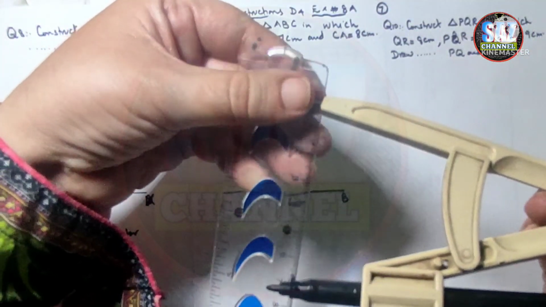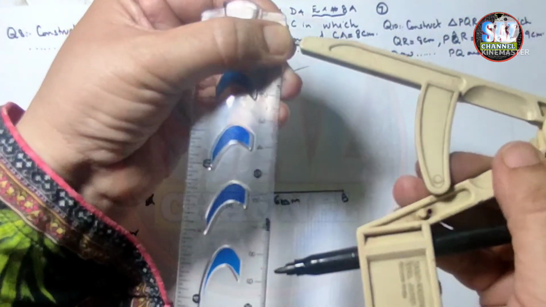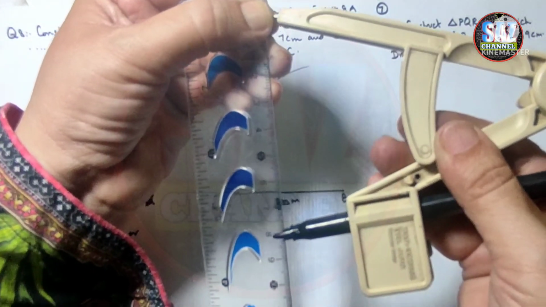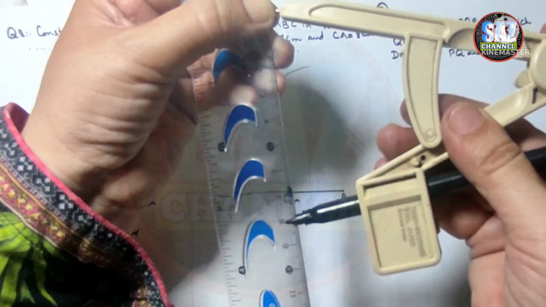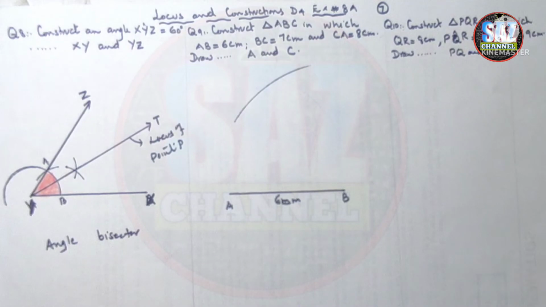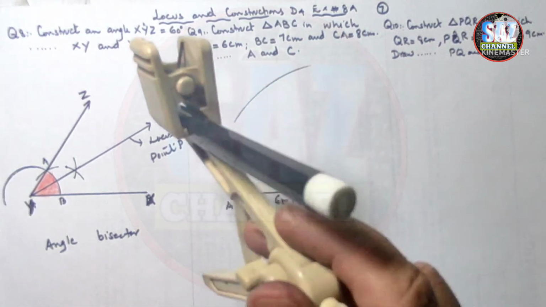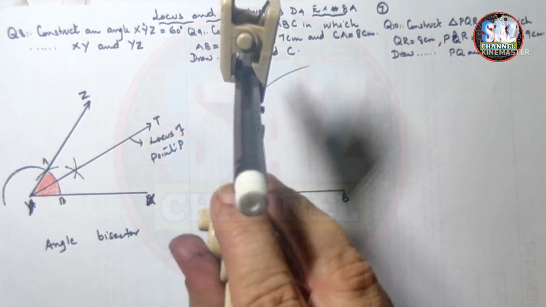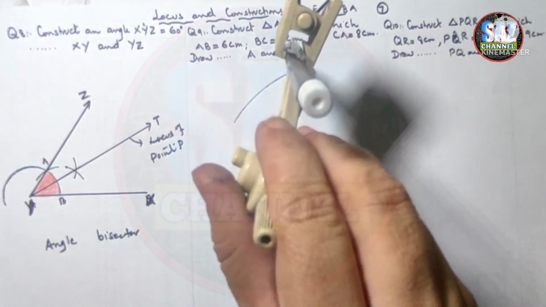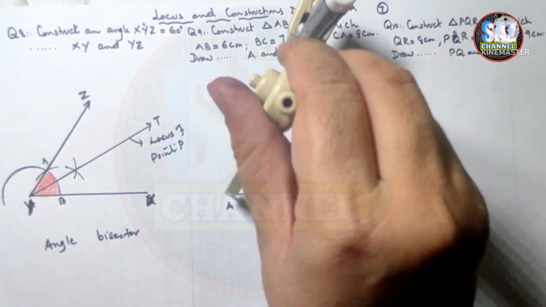Again, we have to keep the needle at 0, and on this side it has to be at 8. Okay, yes. AB is 6 centimeter, BC is 7 centimeter, and AC is 8 centimeter. Let me draw the arc. AC is 8 centimeter.